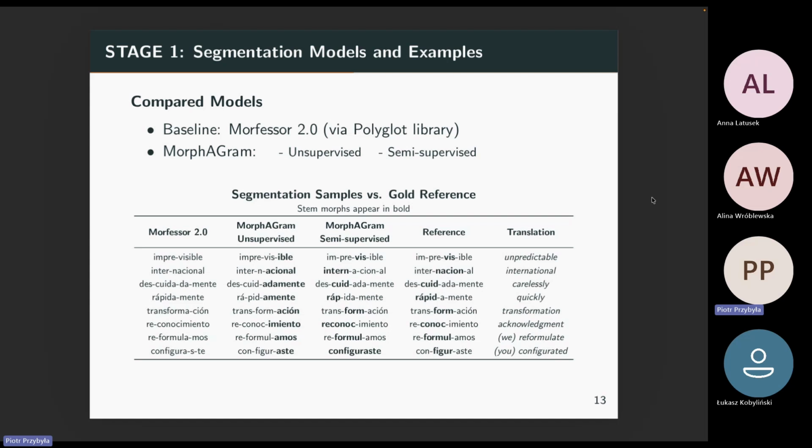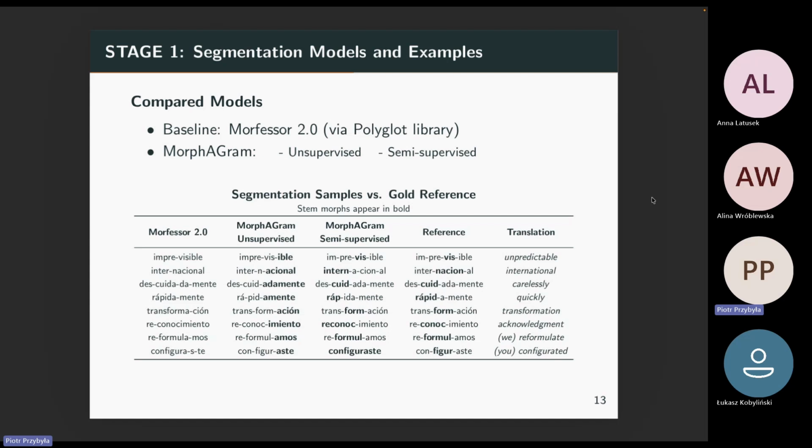And actually Morfessor unsupervised does a better job than the semi-supervised, which puts everything in a single token. But the problem with the unsupervised one is that because it doesn't know the prefixes and suffixes, it likes to put the stem as the last element, which is not what we want.